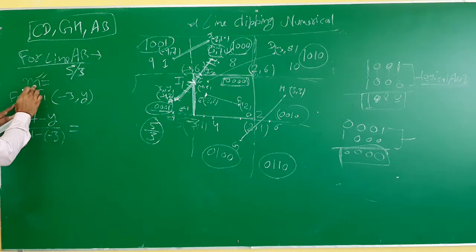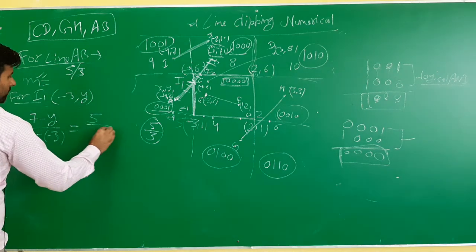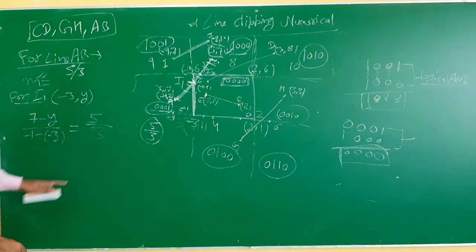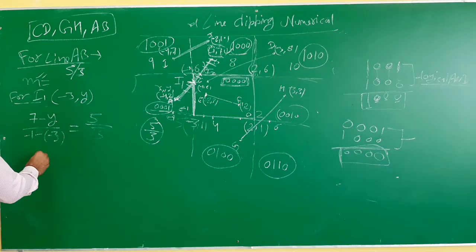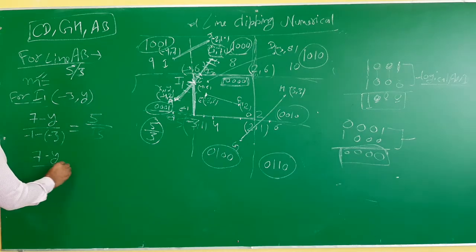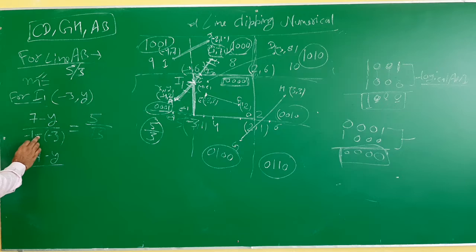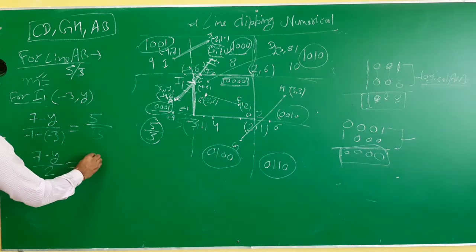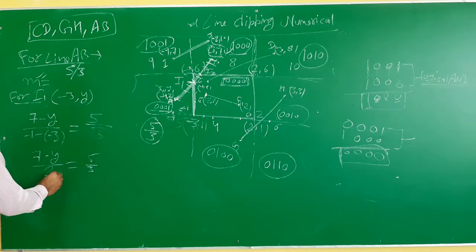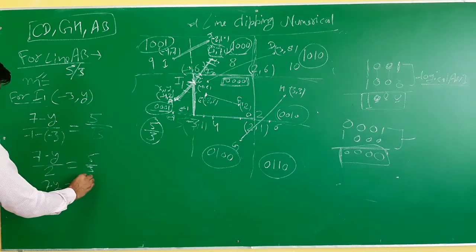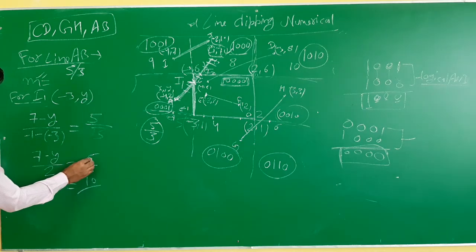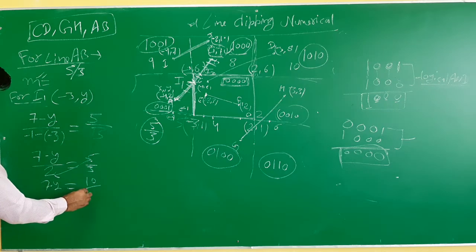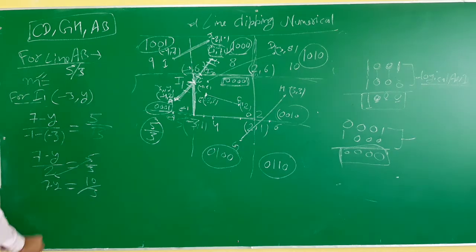And the m value is 5 by 3. Solve this. 7 minus y upon plus 3 minus 1, we will get positive 2, equal to 5 by 3. We multiply by this, 7 minus y equal to, I am going to multiply 5 with 2, 10 by 3.